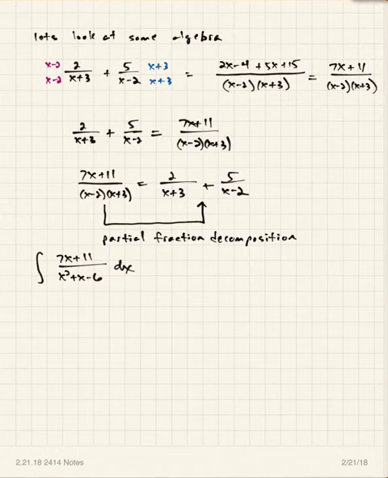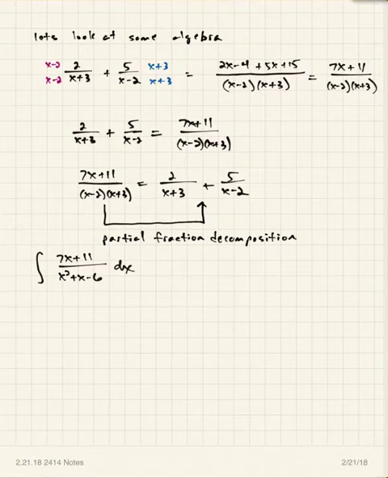It's not du over u because the derivative of x squared plus x minus 6 is 2x plus 1, which I don't have in the numerator. A lot of strategies that we've talked about don't seem to apply here. You could think about completing the square in the denominator, but it's not really going to be an arctangent because the numerator is not a constant. The numerator's got an x in it. So a lot of the techniques we've talked about so far this semester seem to lead to a dead end in a problem like this.